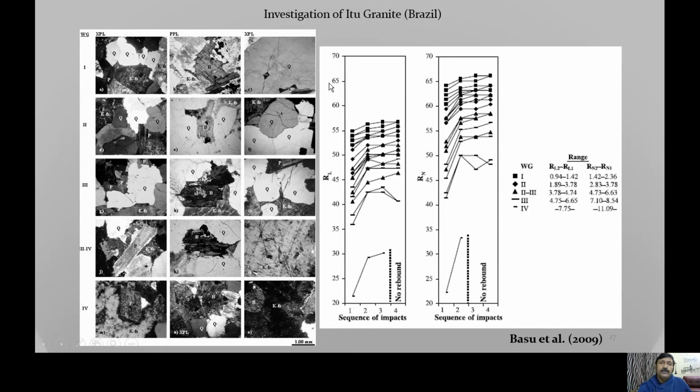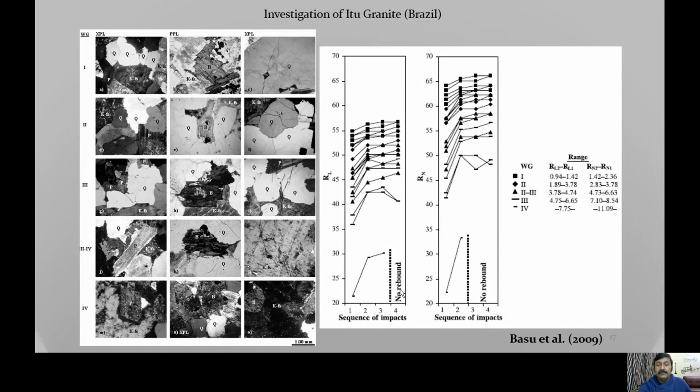In this case, when we used rebound hammers, both the L hammer and N hammer, and applied multiple hammer impacts on the granitic materials, it was also very clear that the difference between the second and first rebound value gives a very good indication of the weathering grade.